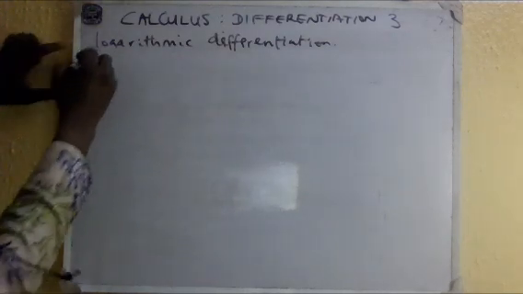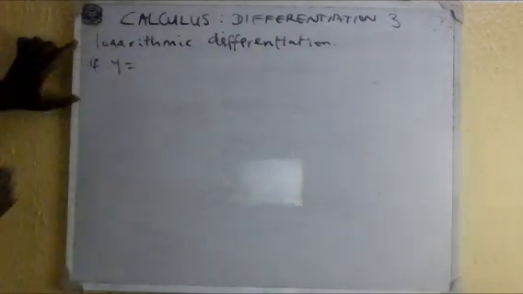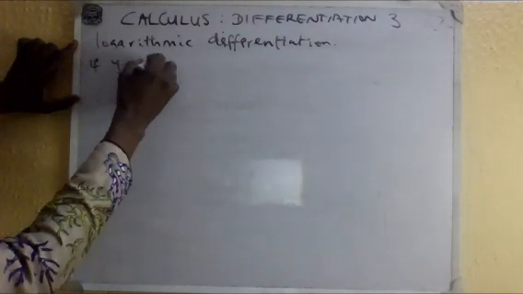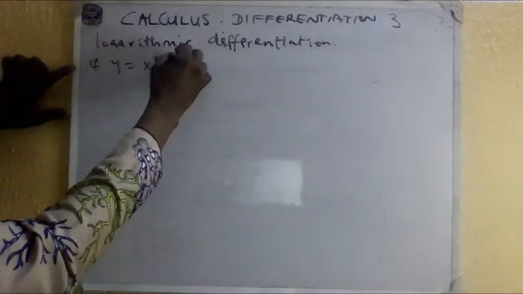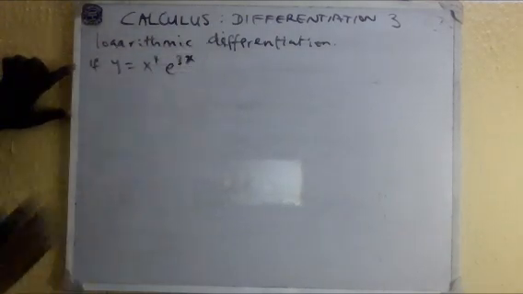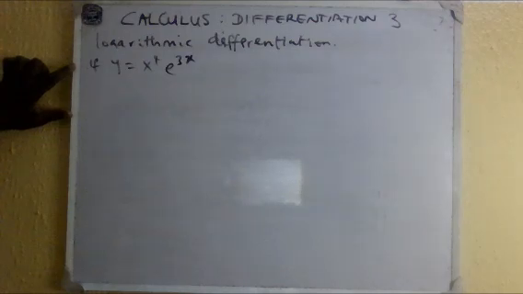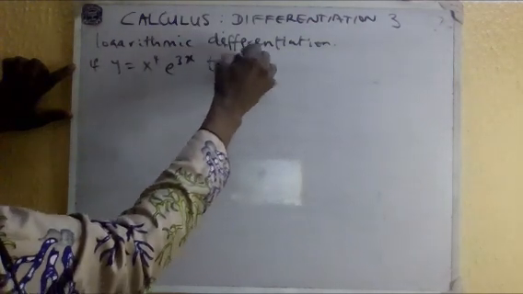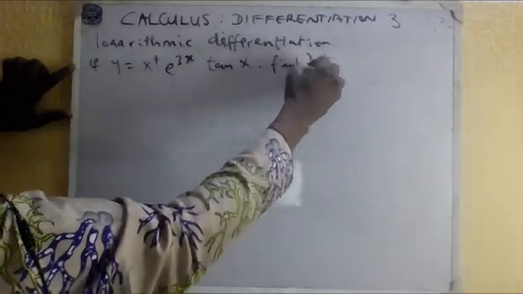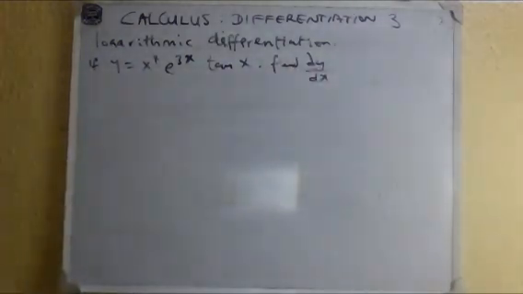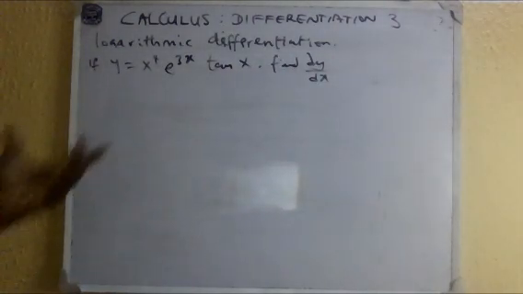It says if y is equal to x raised to the power 4, e^(3x) tan x, find dy/dx. Okay, so again, look at this.